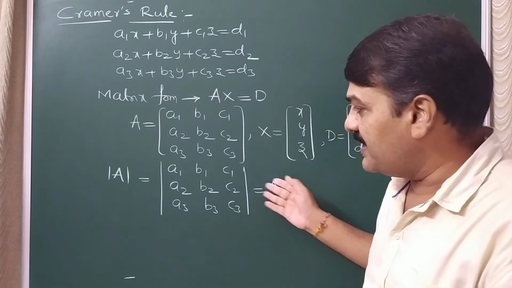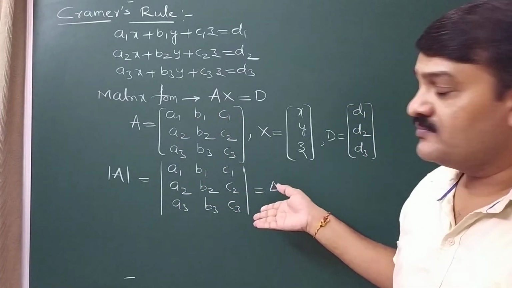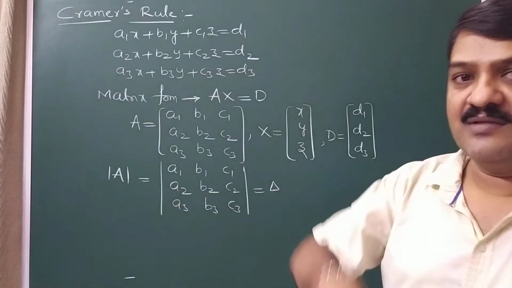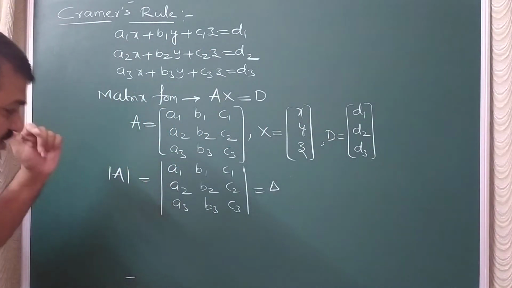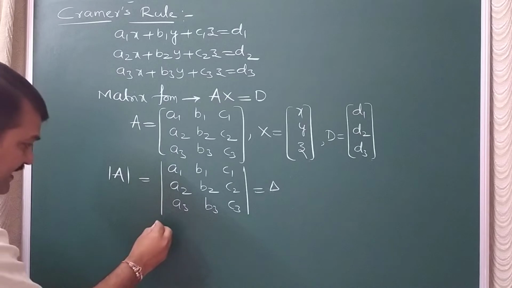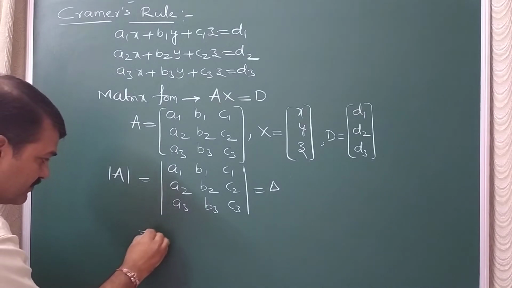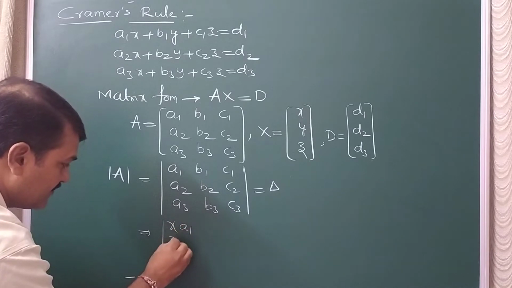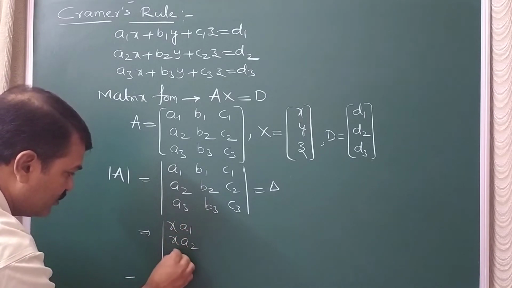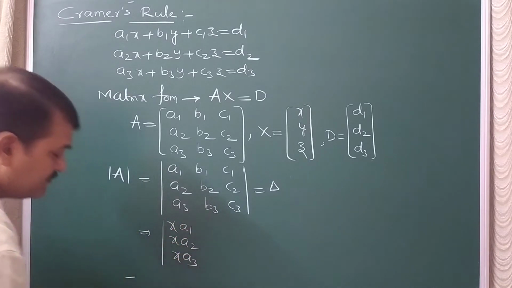That x can be multiplied to any row or column. I will multiply it to the first column, for example. If I multiply that x to the first column, I will get x into a1, x into a2, x into a3.